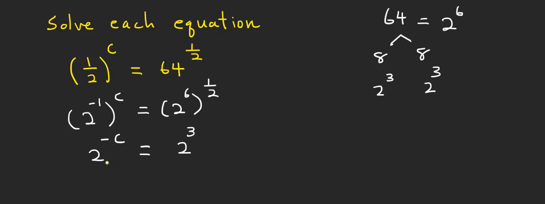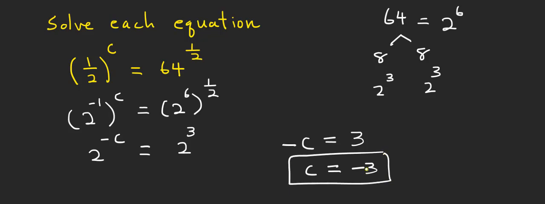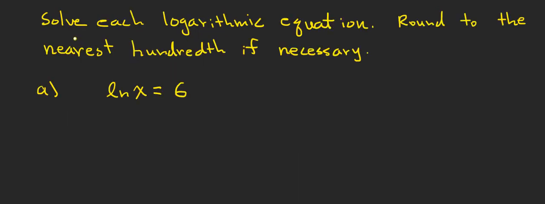So in order for these two to be equal to each other, negative c has to equal 3, which means that c has to be negative 3. So go ahead and check, see if 1 over 2 to the negative 3 is the same thing as the square root of 64.